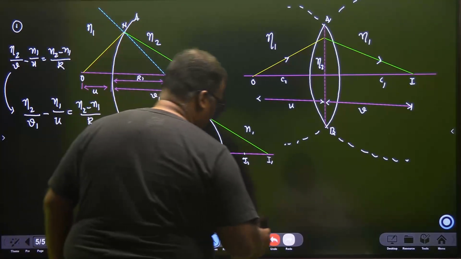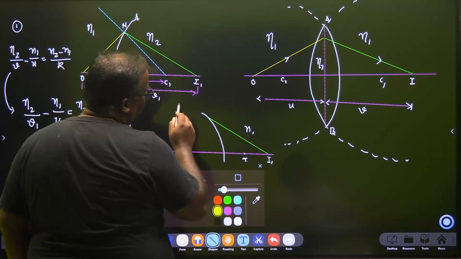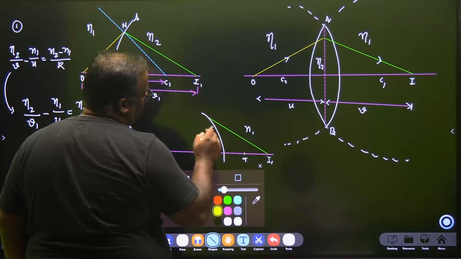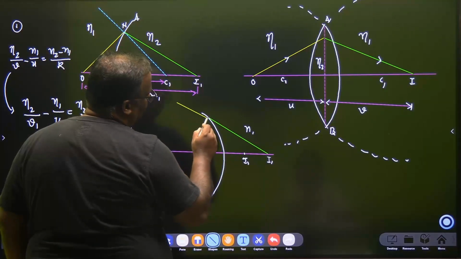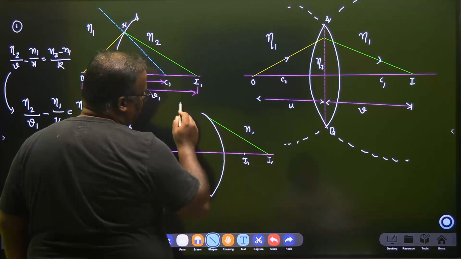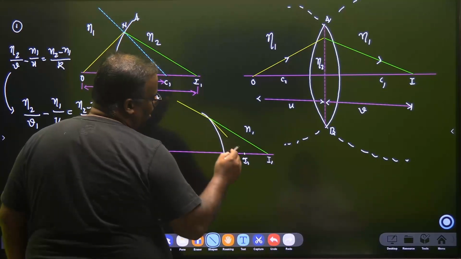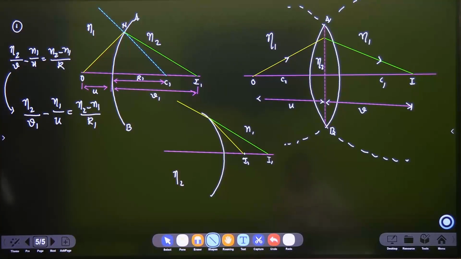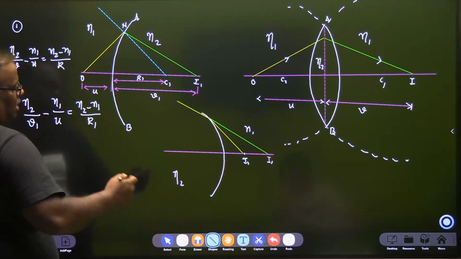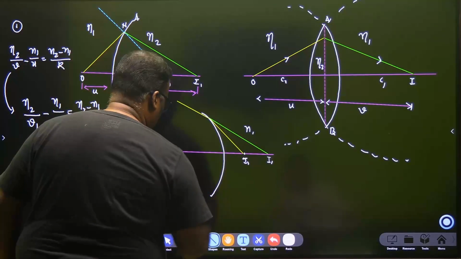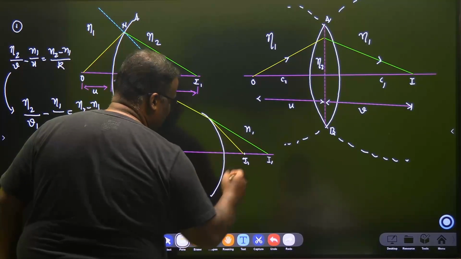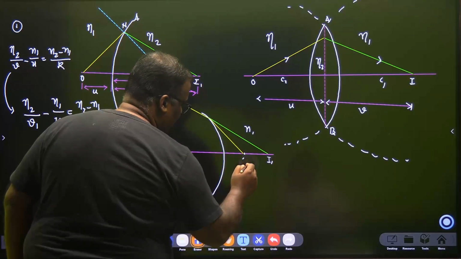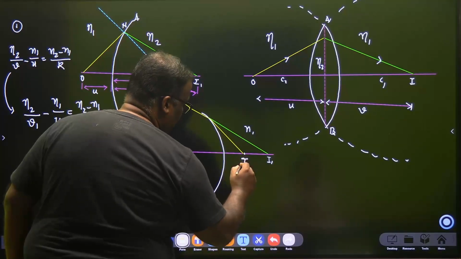Your incident ray now actually is coming from inside, and it is bending away from the normal, right? Okay. And what are the measurements that you have? This is not that important, to decode this diagram, but this is your final image. This is my final image, which is I, right?